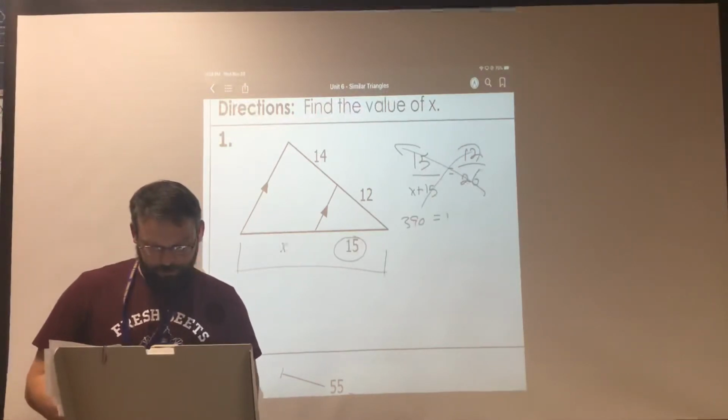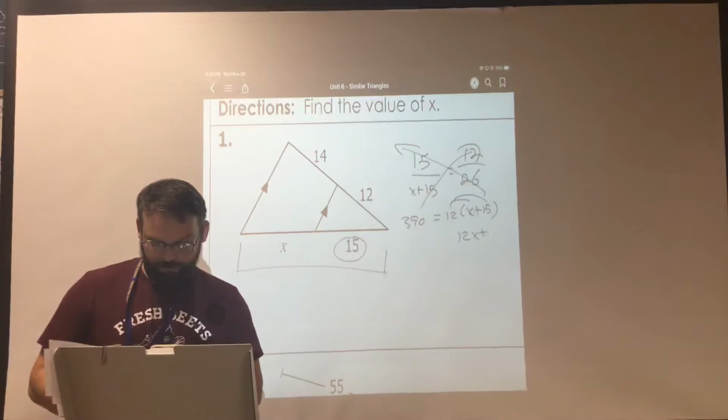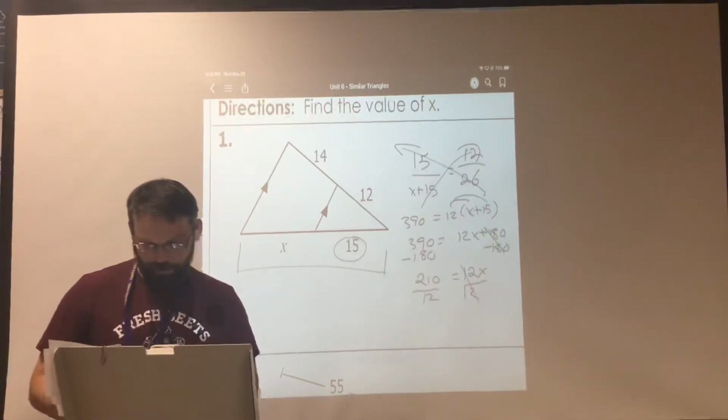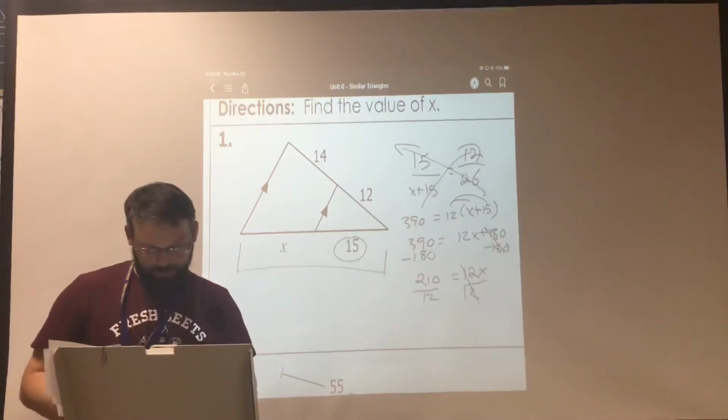Then 12 times the x plus 15, so you get 12x plus 12 times 15, which is 180. So 390 minus 180, that's 210. Divided by 12, that would give me 17.5.